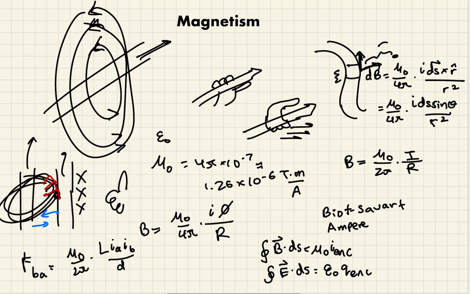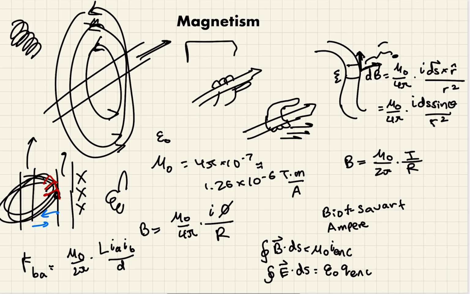Last topic for this unit is solenoids and toroids. A solenoid is like a loop, kind of like a slinky, but with a current going through it. It also causes a magnetic field. That's just going to be the vector sum of the magnetic fields caused by each loop.